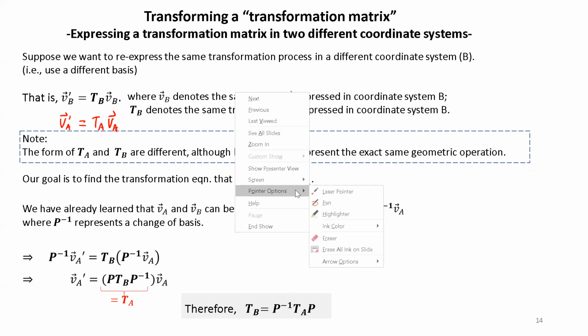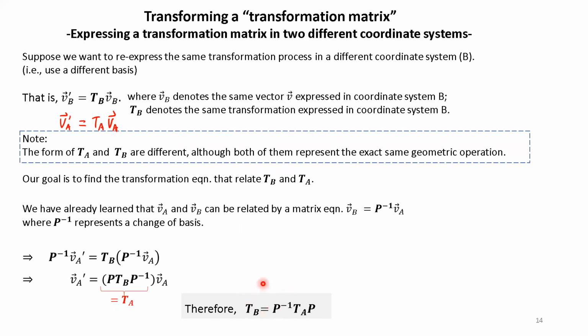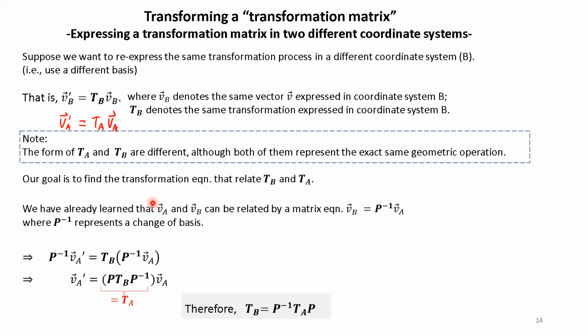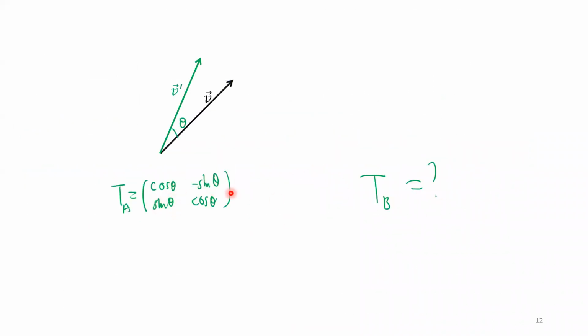Therefore, the transformation expressed in coordinate system B is equal to P inverse T, the same transformation expressed in coordinate system A, times P. Then I use the rotation to do the example. Coming back to the question I asked in the beginning, in coordinate system A the rotation matrix looks like this.